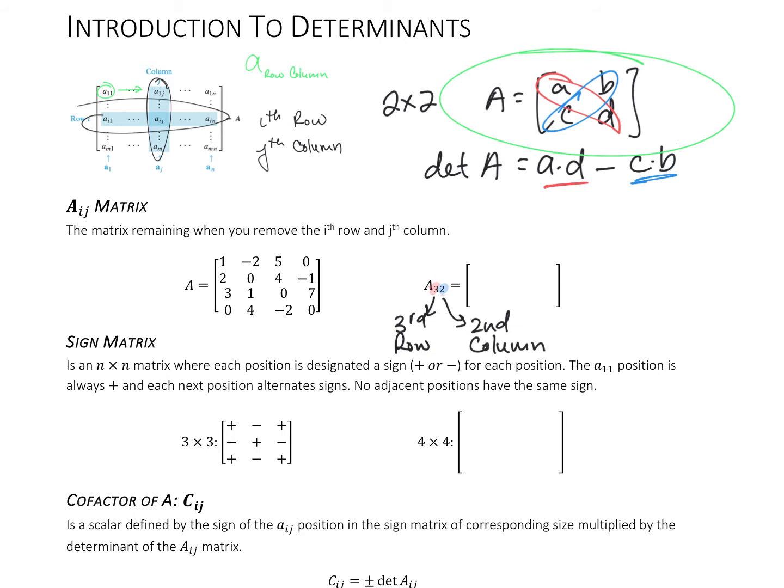I enjoy this. All right, so our second column is this one here, so we're going to pretend it doesn't exist. Our third row is this one here, and we're going to pretend it doesn't exist. All we're going to do is squish everything back together, like we're deleting that row and that column.